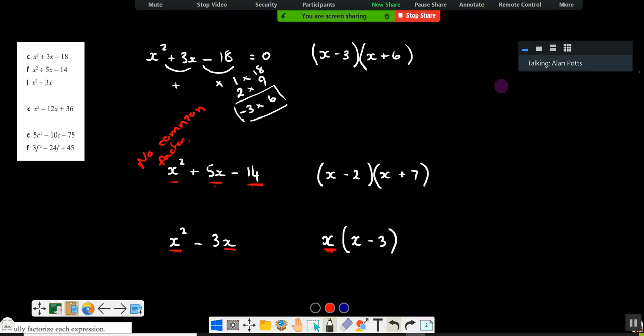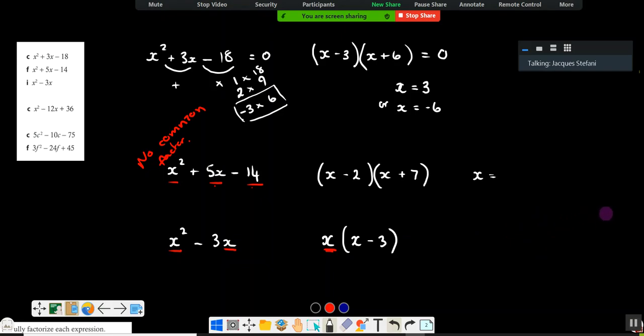So just take us back then. If I now put equals 0, what would be the solutions? Or negative 6. Yeah. Hang on. Someone else. Thank you, Liam. Someone else. Solution to this one.